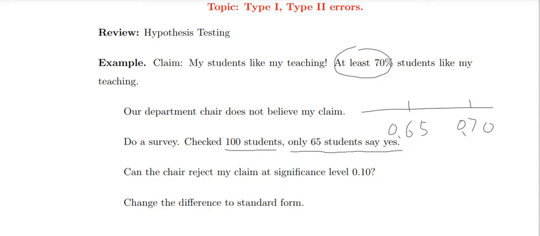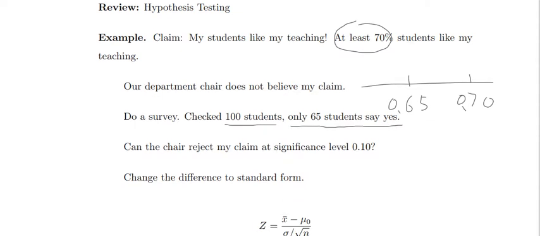So how do we determine this? At first we change this to a standard difference. We change 70 to 0, then 65% becomes another number. We call this a Z value or T value or test statistic.